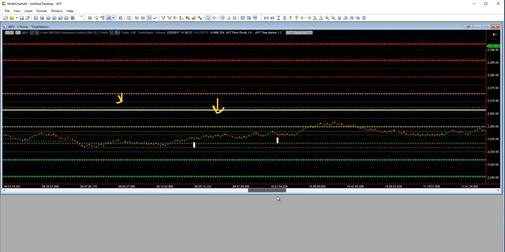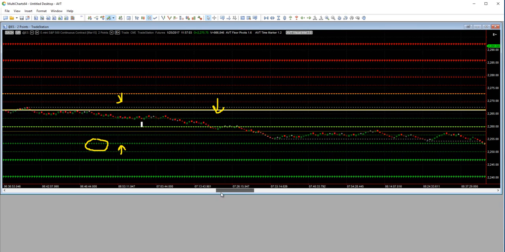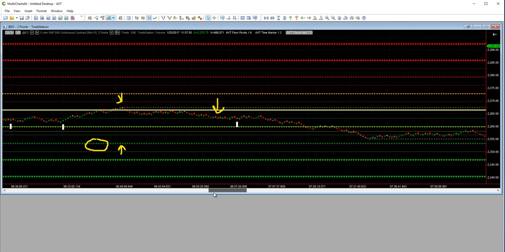Yesterday's low was created right here, and we can tell that as well because that's where the all sessions low is, right? That's this dashed white line. That's the all sessions low. And if we scroll back further, we'll be able to find where the high was created, and it looks like this was where the high was created right there.